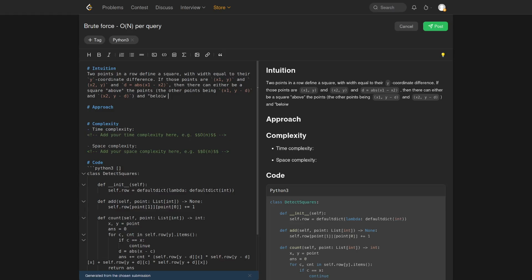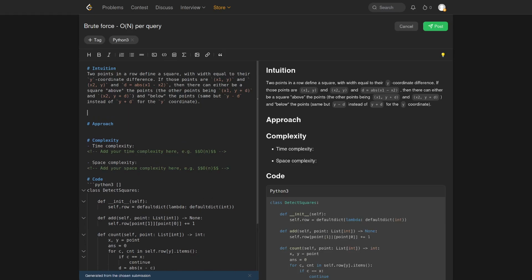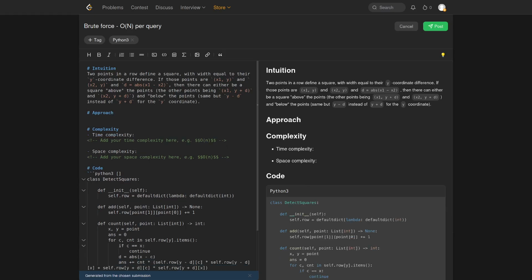Below the points, same but y plus d. Y plus d for the approach.